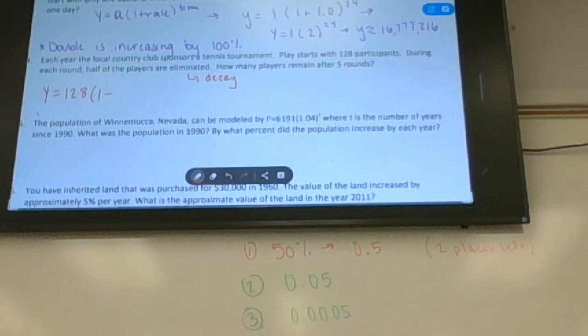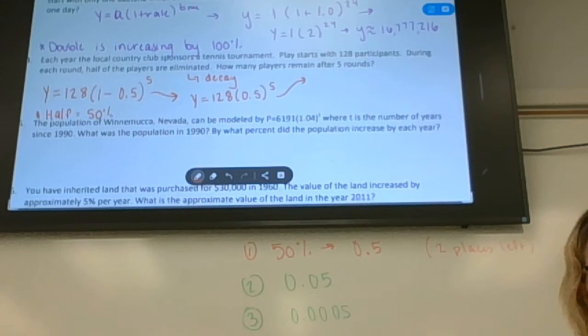So I'll put a little note here. Half is 50%, so we'll put 0.5 in. And there's 5 rounds, so I'm putting 5 as the exponent. Cadence, can you give us the number on this one?